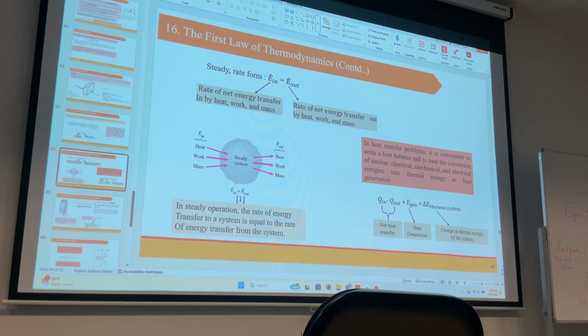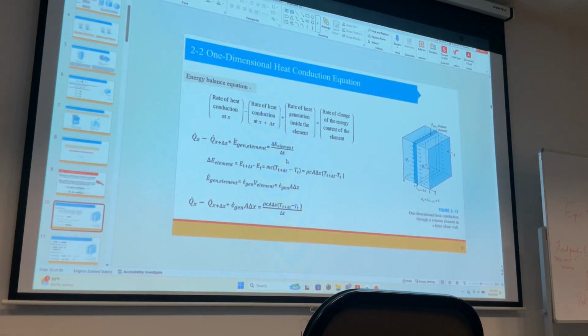So net heat transfer, if you are giving electrical energy in a wire, in the hair dryer, okay, so you are giving that, which is Q in, the energy is going out, plus E gen, the heat generated in the dryer or the oven, is equal to the change in energy. First law of thermodynamics, and we just divide it by small t, which is time.